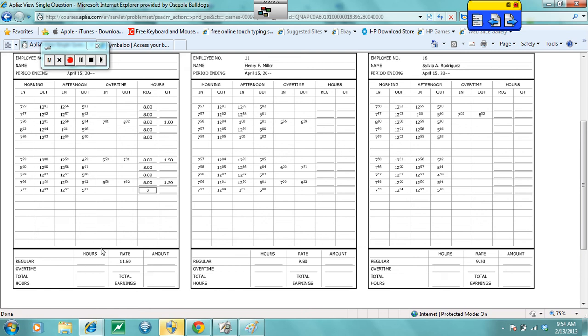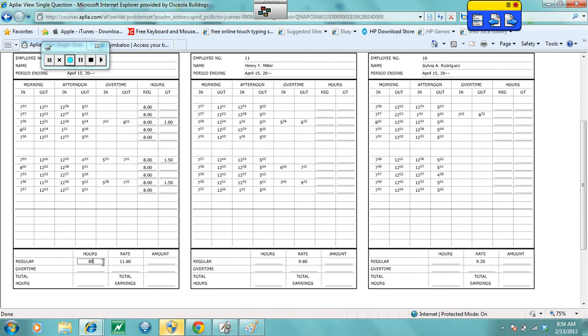8. Now, how many hours of regular hours are there? Well, 8, 8, 8, 8, 8. 8 times 5 is 40, and 8 times 5 is 40, and 40 plus 40 is 80.